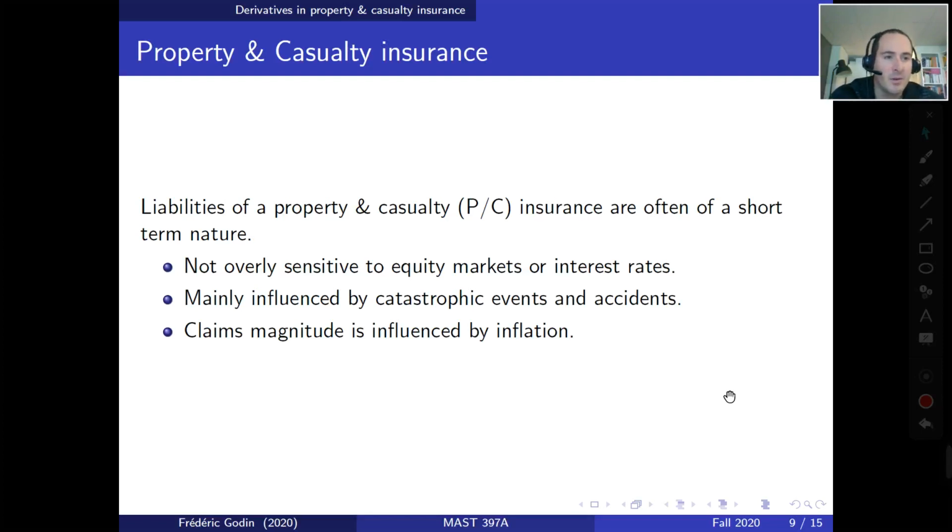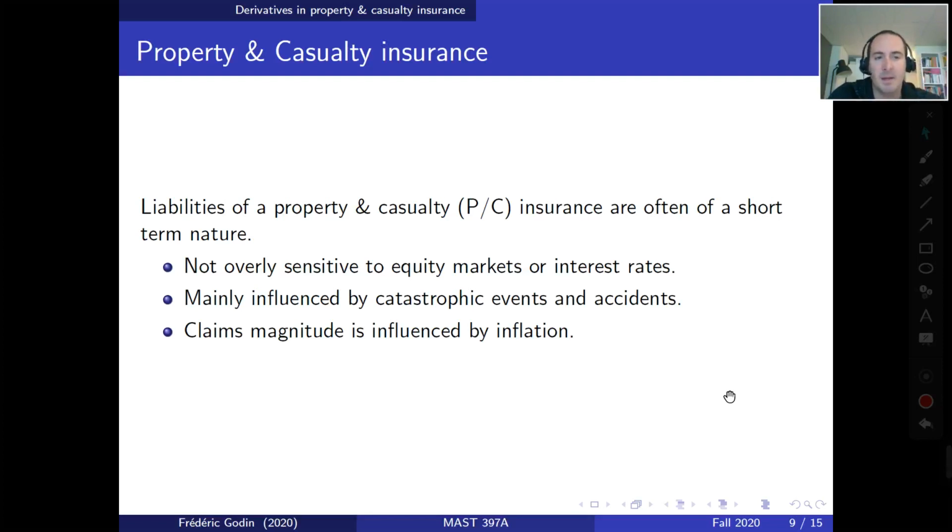So the insurer has a liability towards you for 1 year, not 20 years like a life insurer, for example. This very short maturity implies that discount factors or interest rates don't have a very material impact on the liabilities.